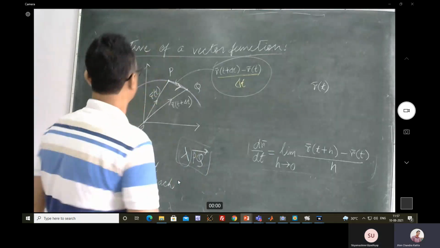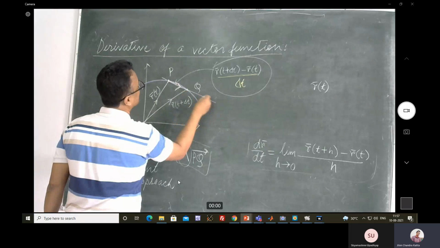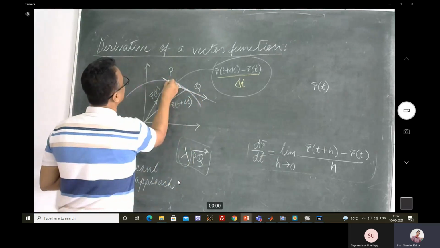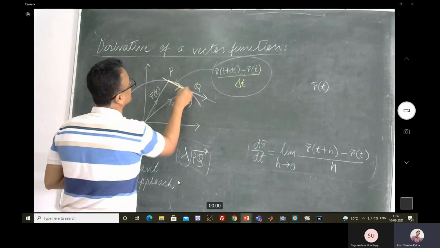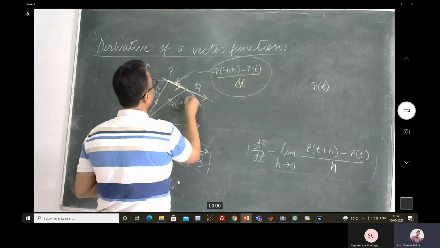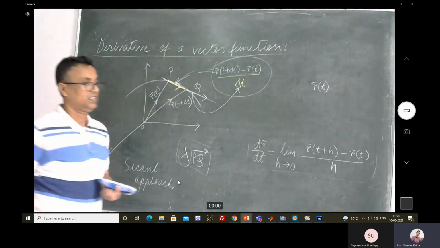So what I am going to have is some vector like this. In fact, this vector was this, and this whole big vector is this quantity.